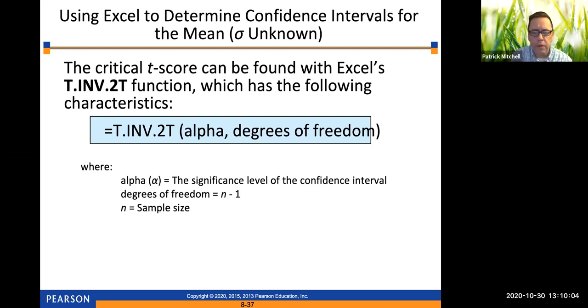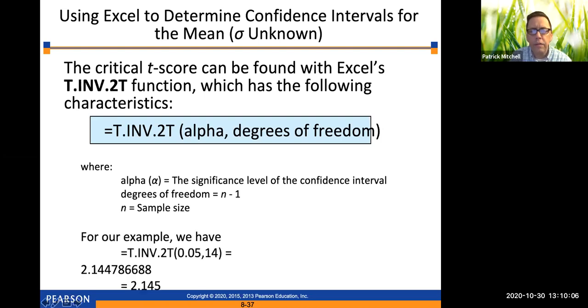So for example, to do the previous problem, you would enter equals t.inv.2t and in parentheses 0.05 comma 14. And Excel gives you this decimal with all these decimal places, and you can round that to 2.145. And that's going to take care of section 8.3.